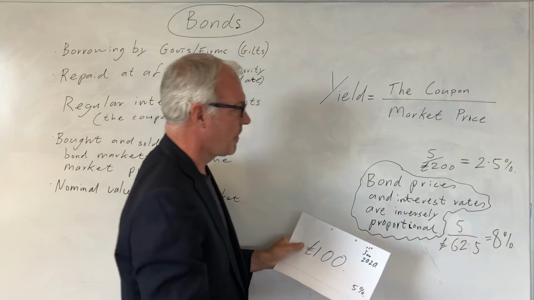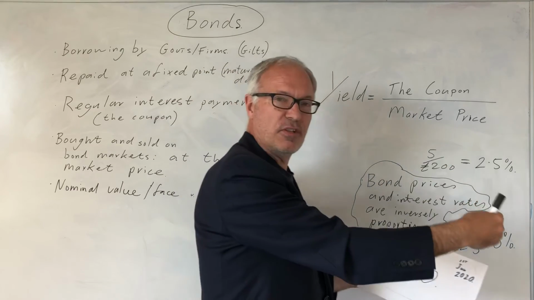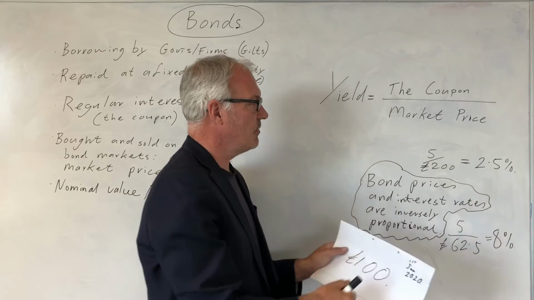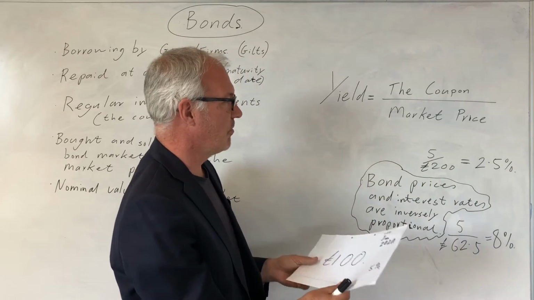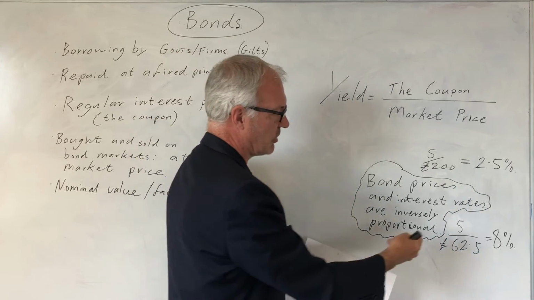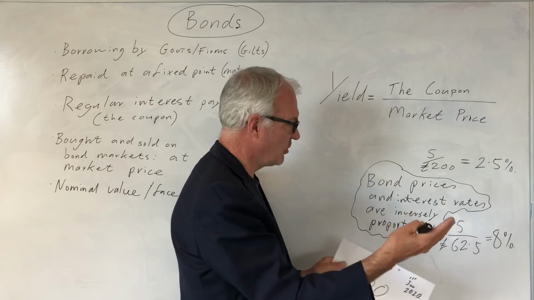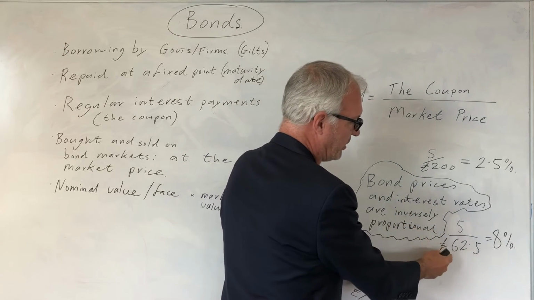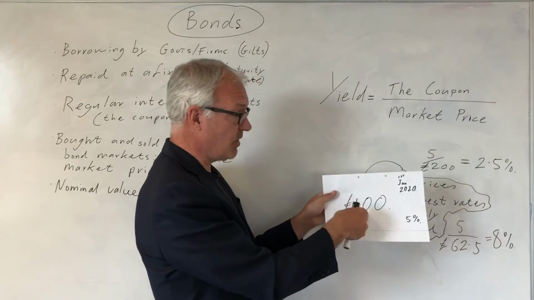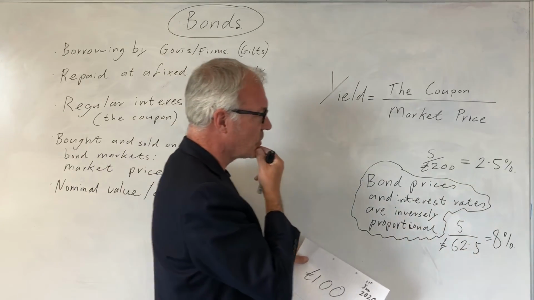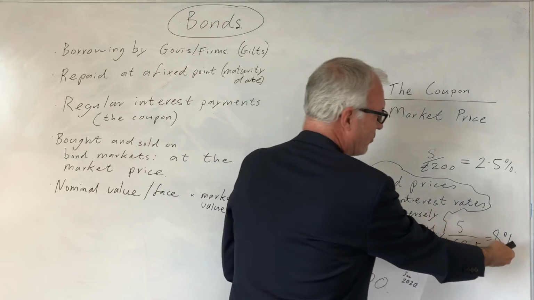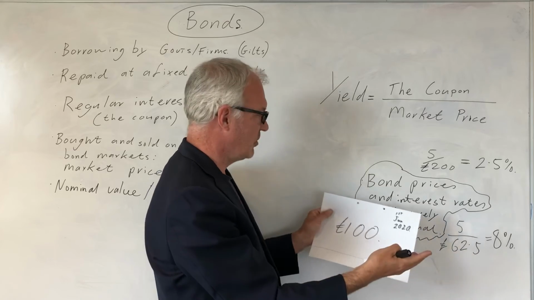So for example, say further into the future, interest rates have generally gone up. Then people will pay less for the bond, and the bond prices will fall. Say if interest rates are at 8%, then it's likely we'd pay something like £62.50 for a bond with a face value of £100, because that's giving us £5, and that's equivalent to an interest rate of 8%, a yield of 8%.